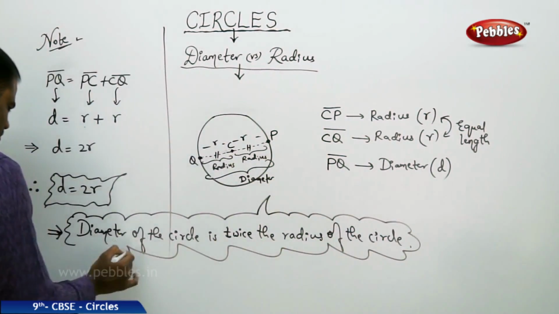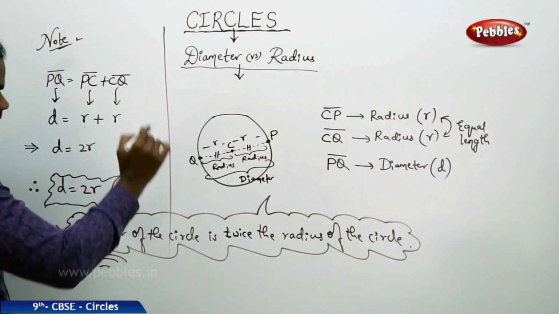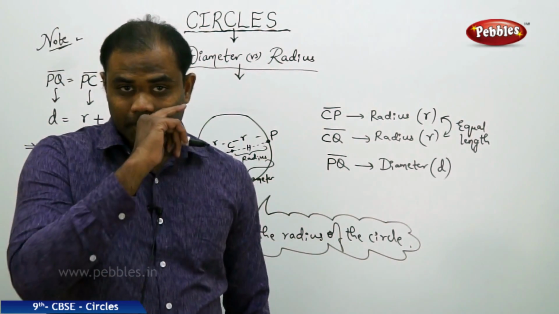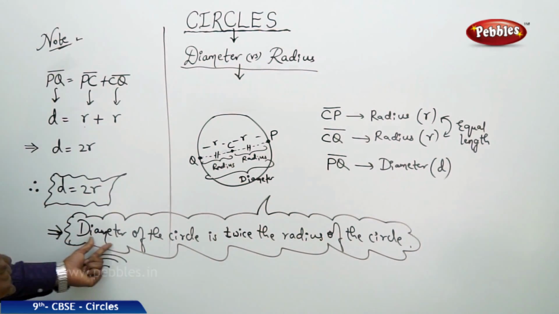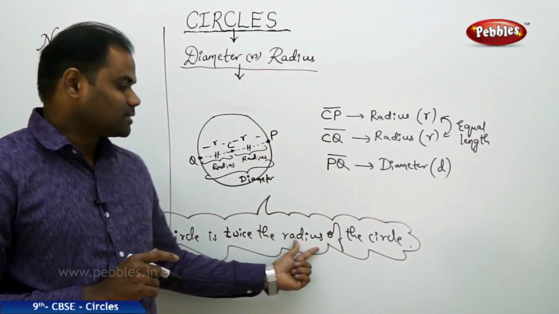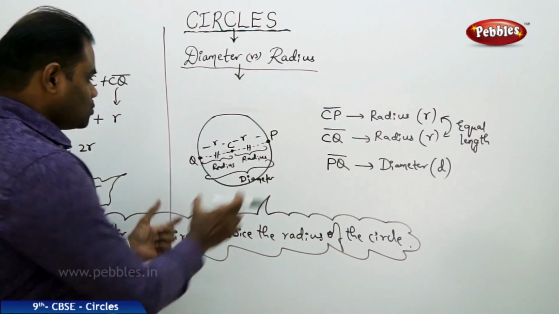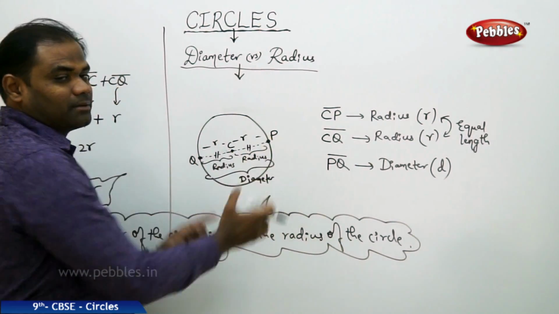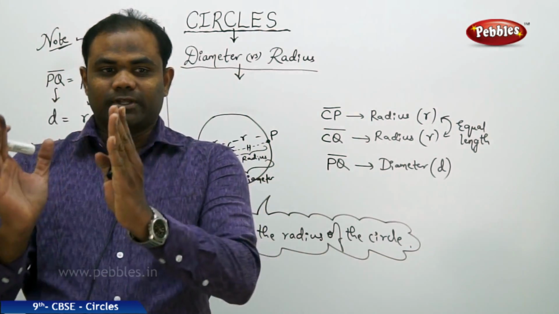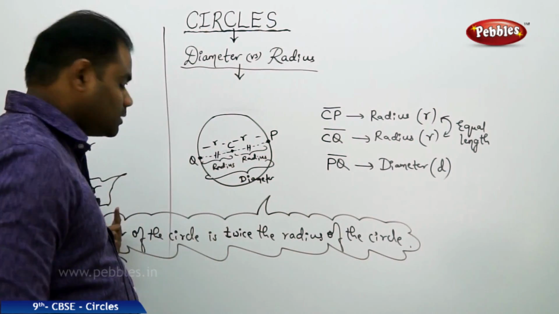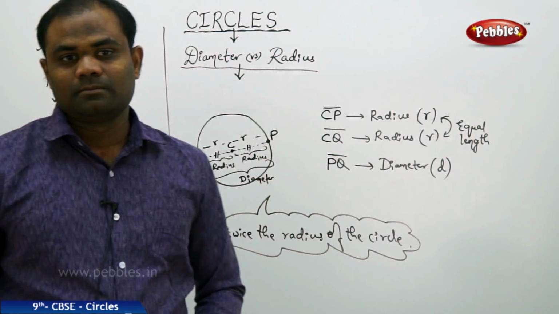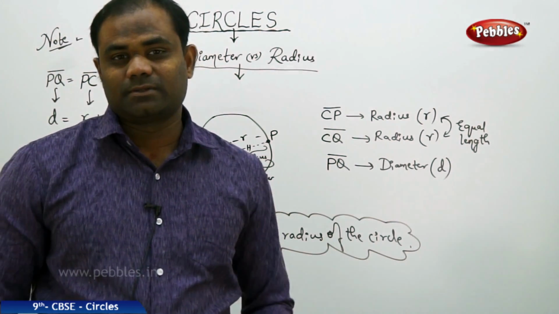That is how we understand the diameter connected with the radius. Diameter is always 2r, that is, the diameter of the circle is twice the radius of the circle. Two radii combine to form a diameter. Radius plus radius equals diameter. D equals 2r. Diameter versus radius.